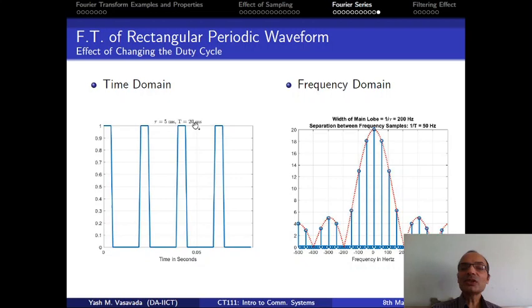When I made the period smaller and made it 20 millisecond, the interval between the samples of the frequency domain has now become 50 hertz instead of 20 hertz. So this is the Fourier series representation of this rectangular pulse.